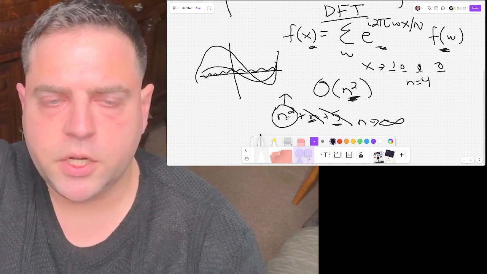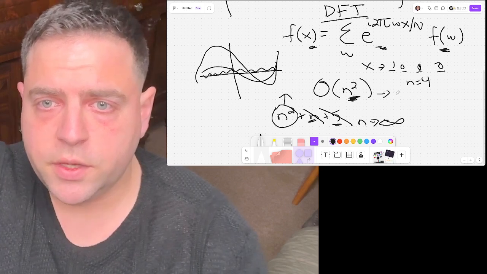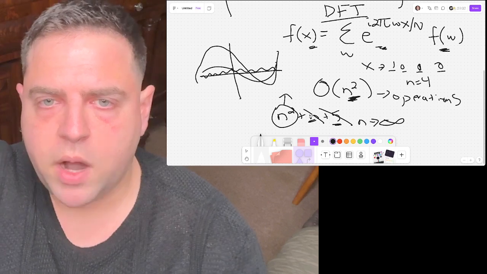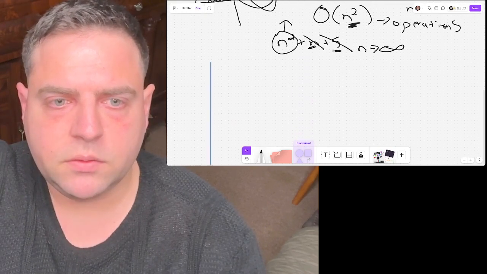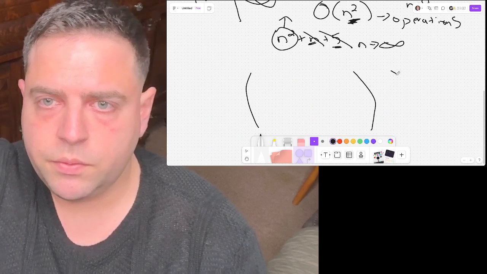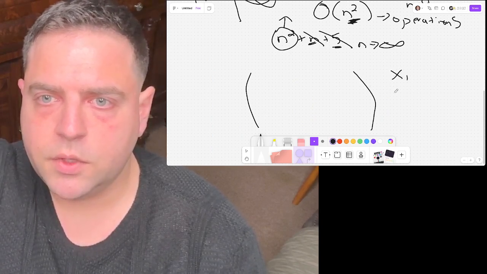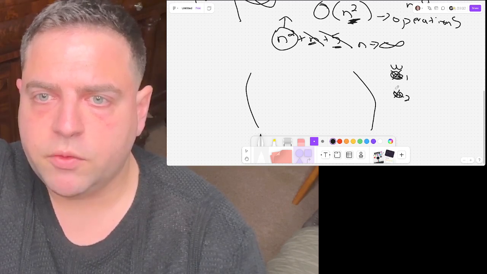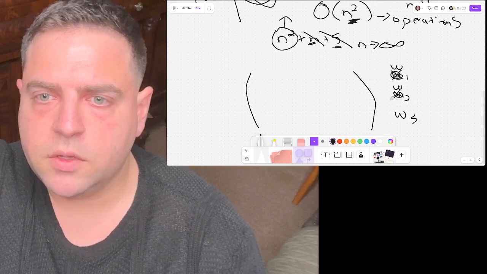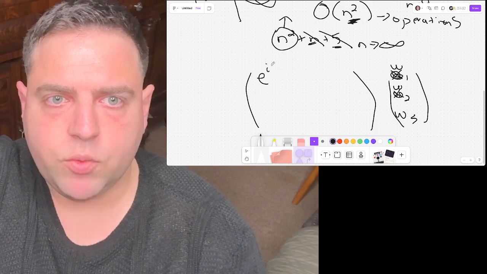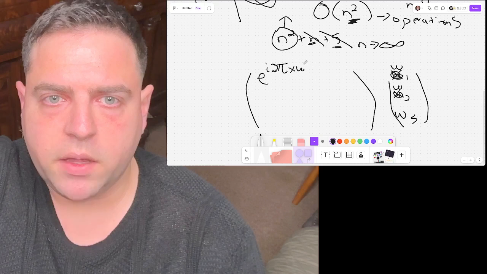That's what this big O notation means. So this is the number of operations required to compute the discrete Fourier transformation. And you can sort of see this because, to transform frequencies to space, it's a matrix acting on a vector, and each one of these little things here has an x and an omega.